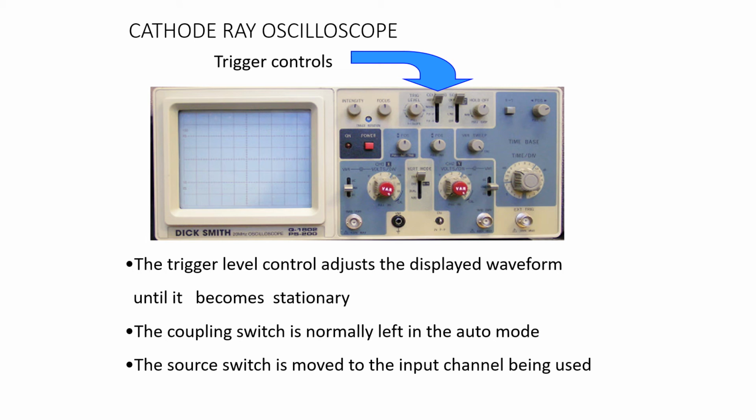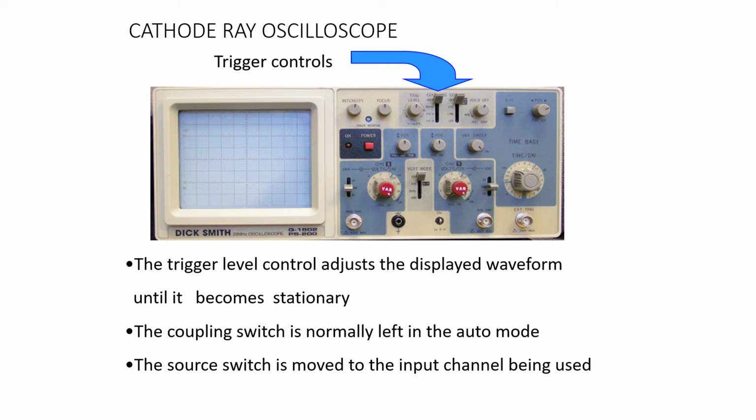First you put the switch in the ground position and adjust the trace on the screen to be in the center of the display screen. When you are measuring AC signals, put the switch in AC. If you want to measure DC signals, put the switch in DC.